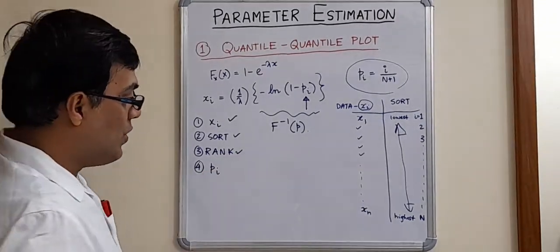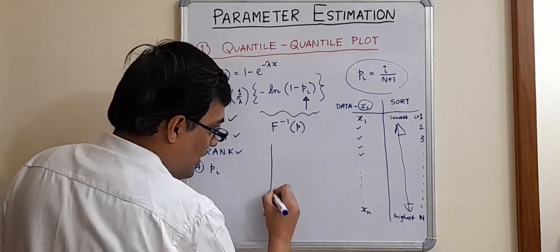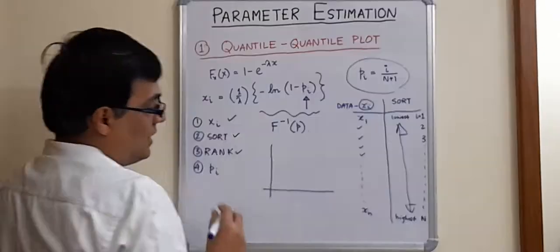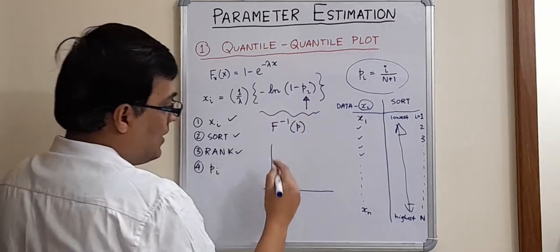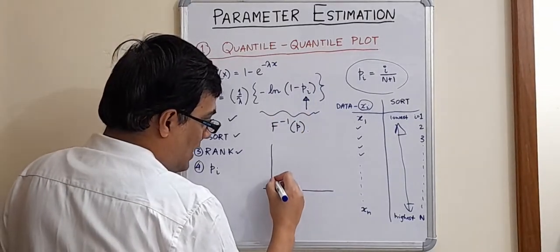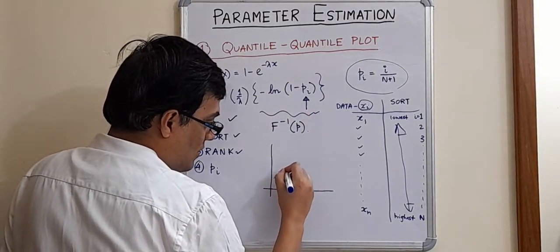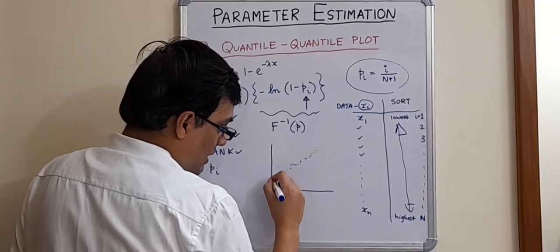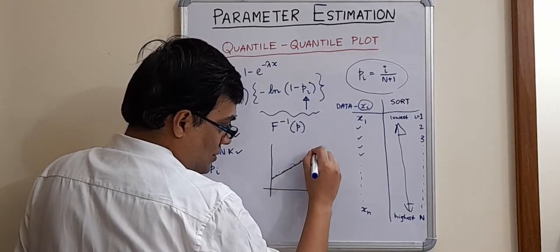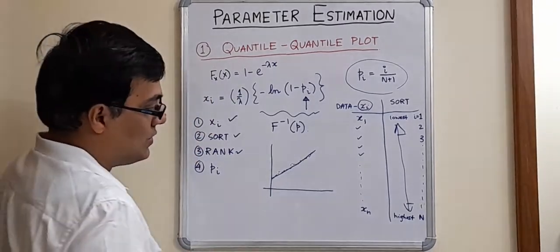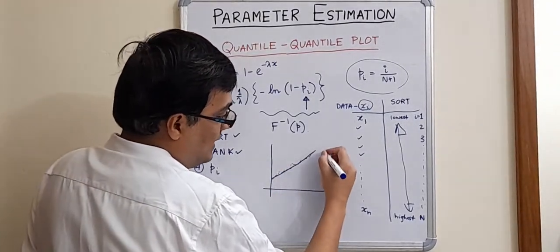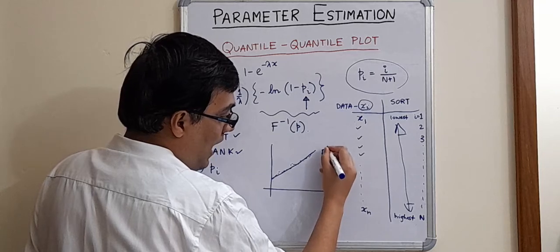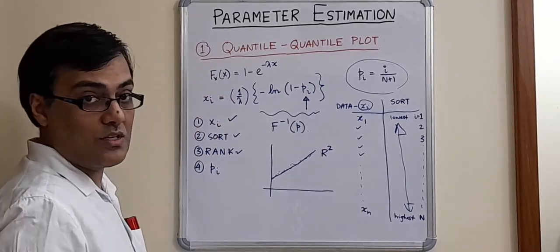So when you draw the plot, remember this QQ plot is all about assuming a linear relationship, right? For a linear relationship there is a test of linearity, which is called the R square, the coefficient of determination.